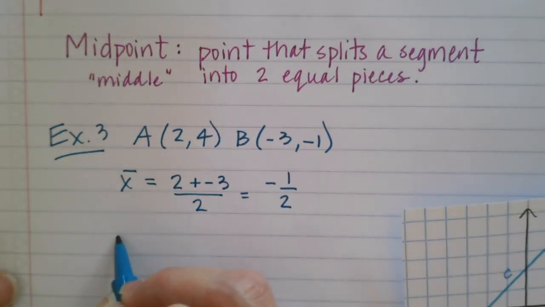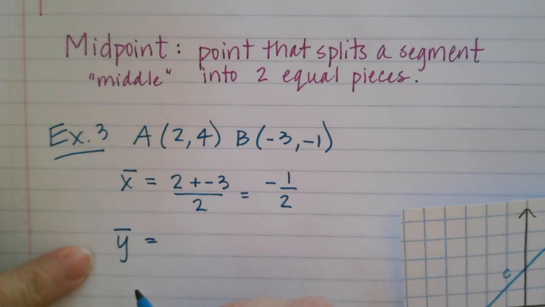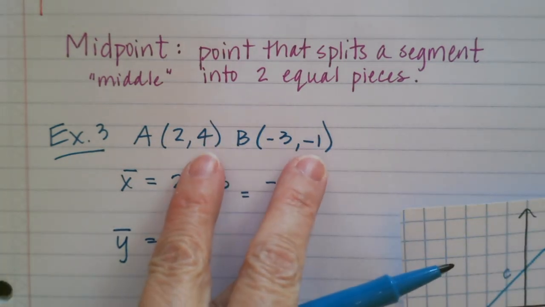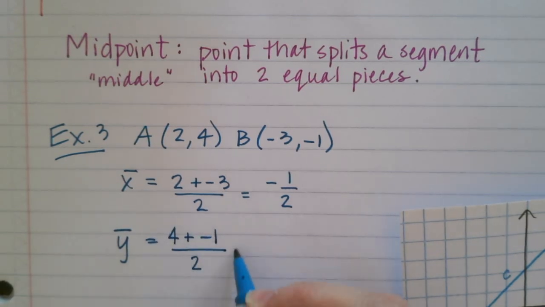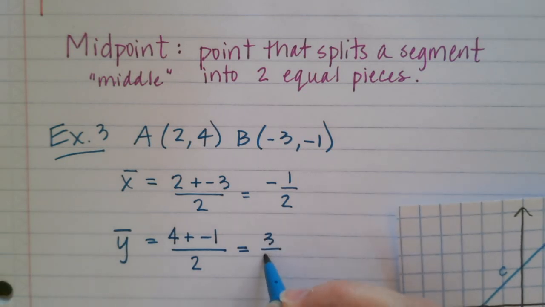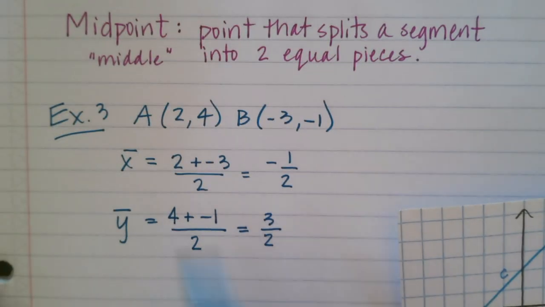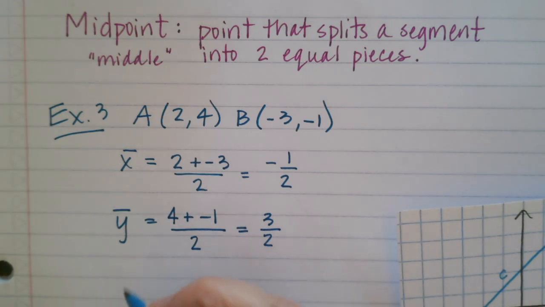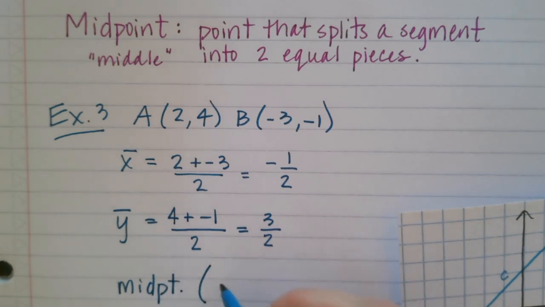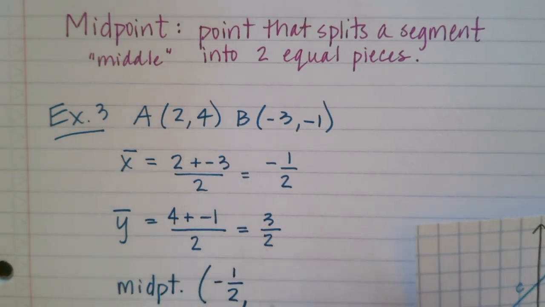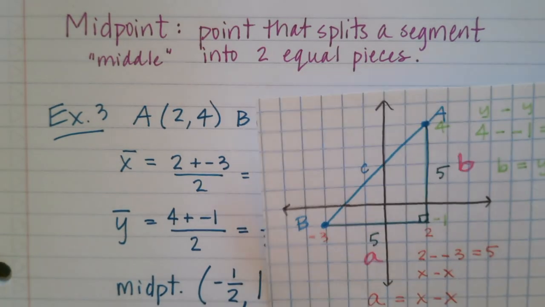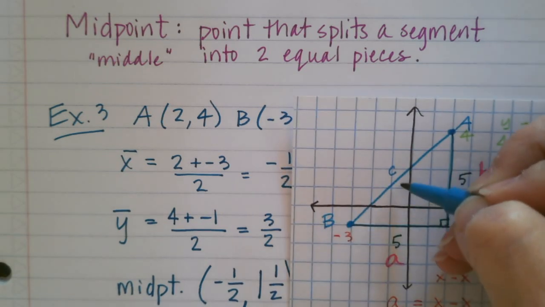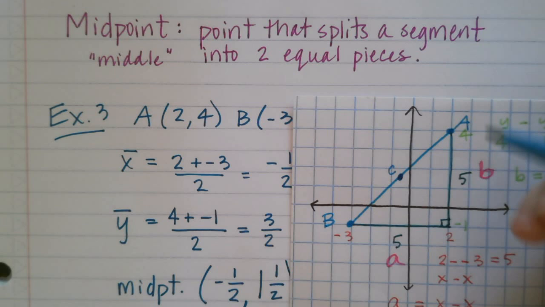Now I want to find the average of the y's. I add those together and divide by 2. So that looks like 3/2. So according to this, the midpoint of AB should be at the point (-1/2, 1.5). Let's look. Negative 1/2, 1.5. Yep, looks like we nailed it.